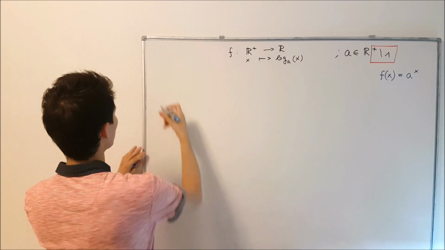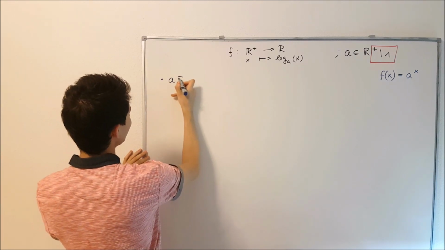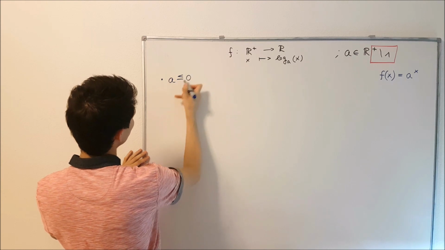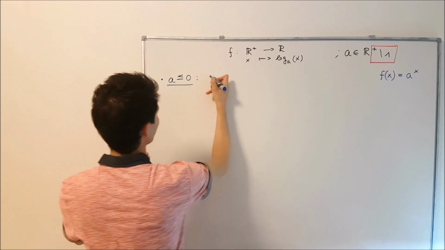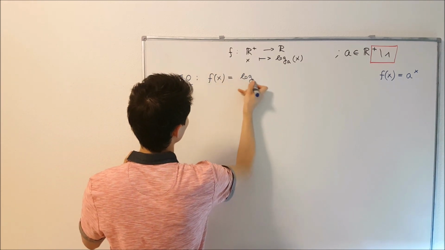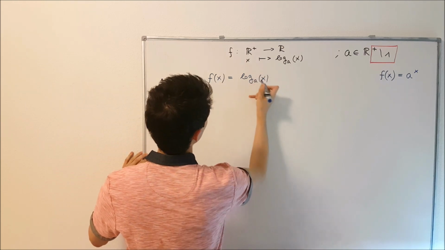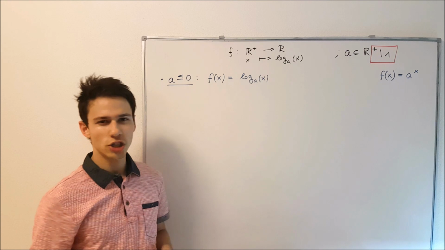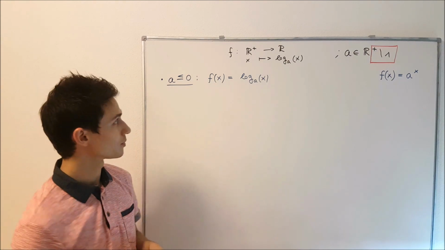So let's just get started by setting a less or equal to 0, which it shouldn't be. So then we would have that f of x is equal to the log to this base a of x. And in the next step I'm going to use the change of base formula, and I have a separate video on it up there.